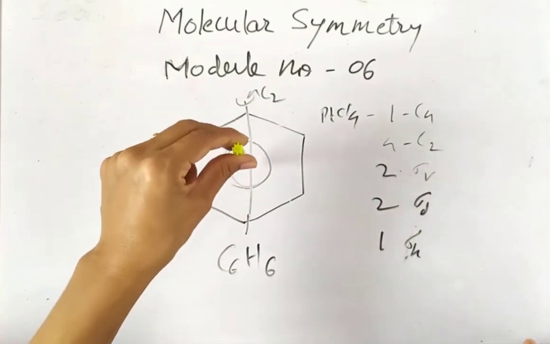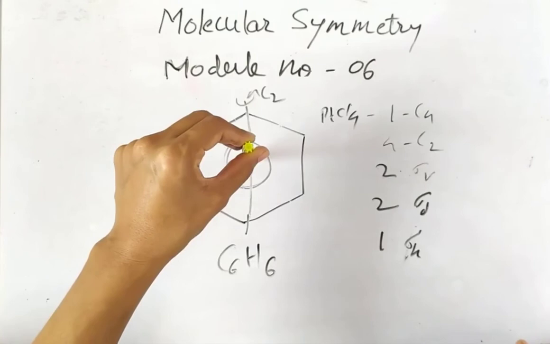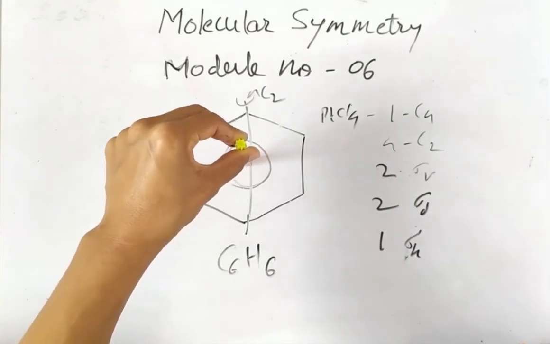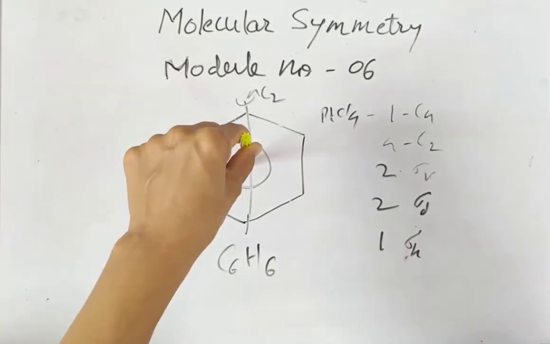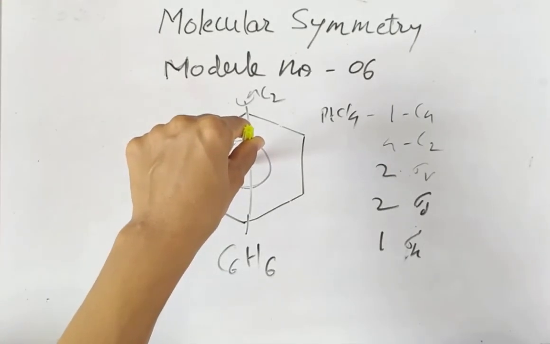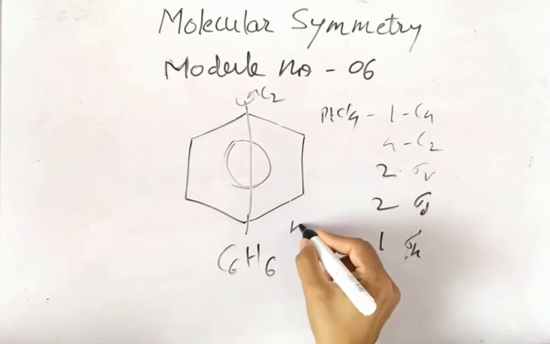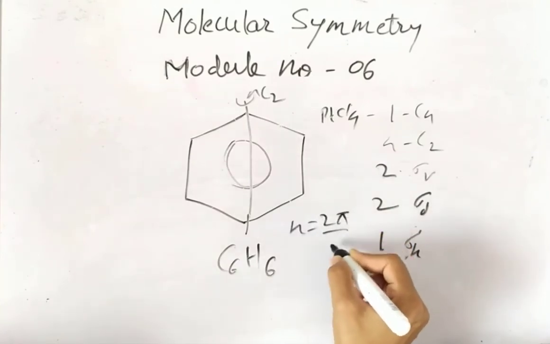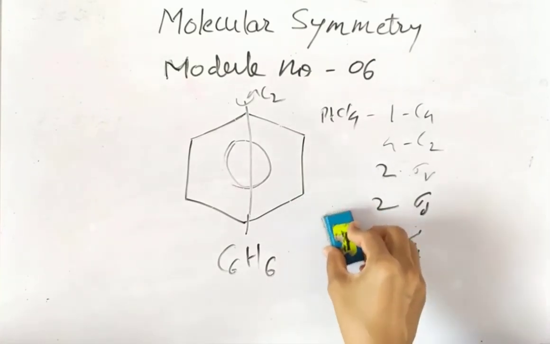So I will just give you a small clue or hint on how to find the list. First you will pass the principal axis like this. What will be the fold of rotation? If you are not able to find the angle by which we are rotating the molecule, and if you are unable to calculate the fold of rotation using the formula 2 pi upon theta, then no need to worry, you can simply apply your logic.